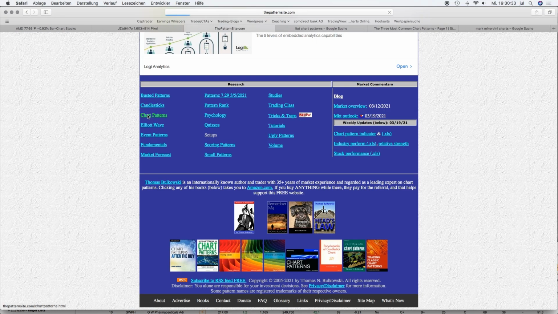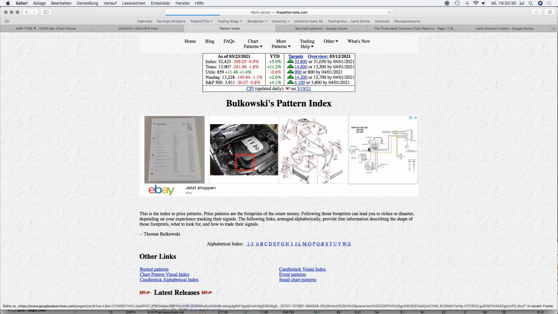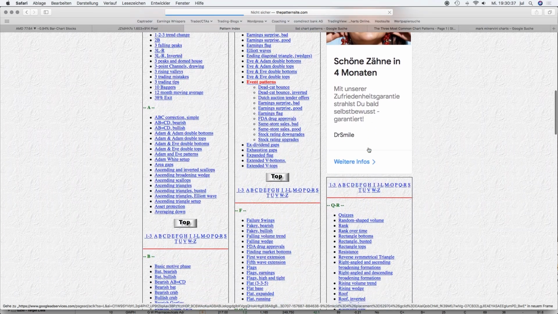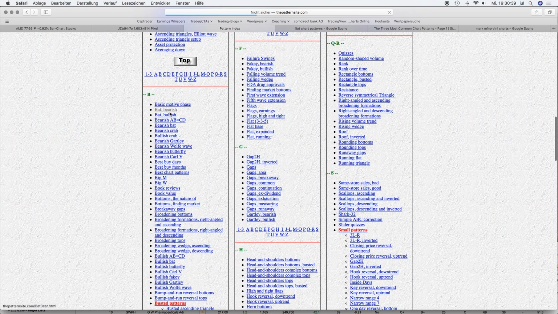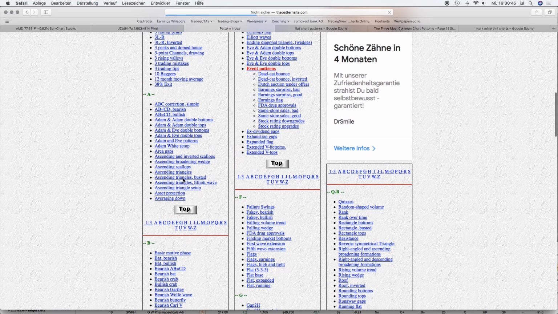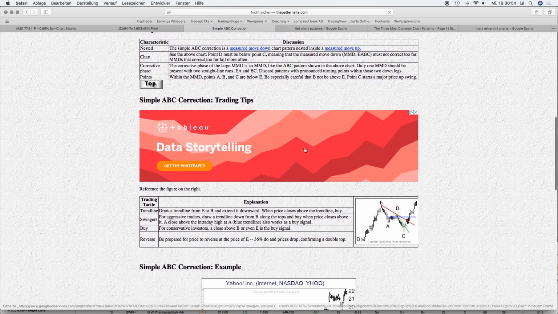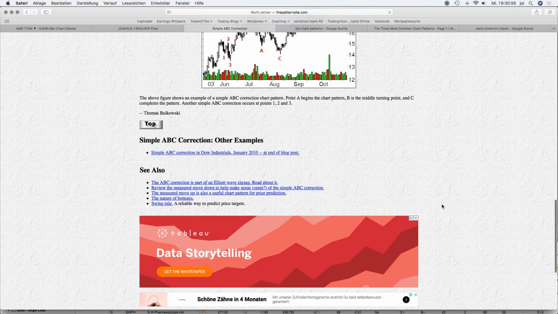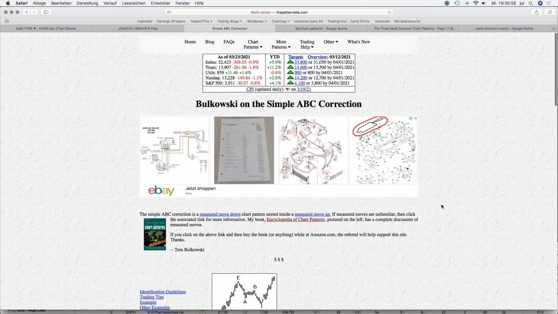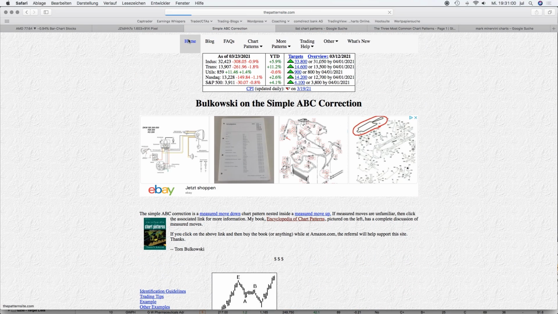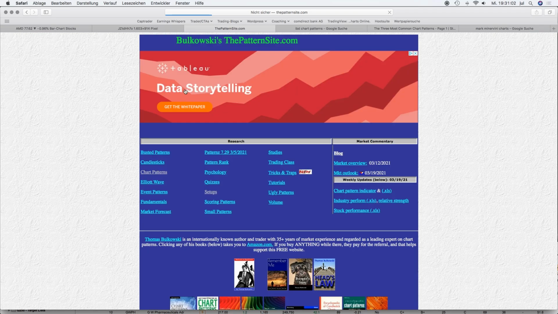But when you click through his website, you find a lot of chart patterns and a lot of technical analysis things here. So all the chart patterns, let's look at ABC correction, for example, and he made a screenshot about that, and he describes that in detail. So this is all free, so you can use that and can learn a lot about that.